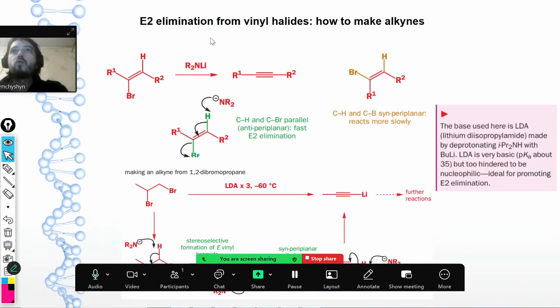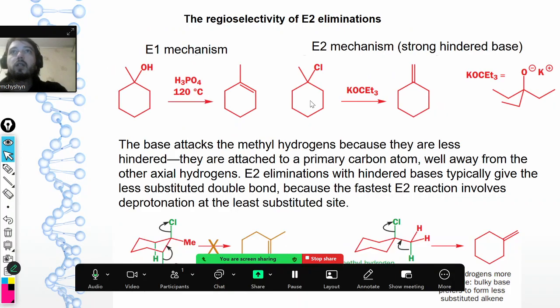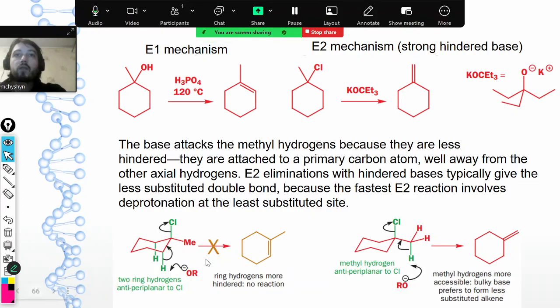Here are some more examples, so I will not get into that. So here are examples of regioselectivity of E2 eliminations. Once again, everything is connected to the fact that we should have hydrogens and our leaving group in certain positions.